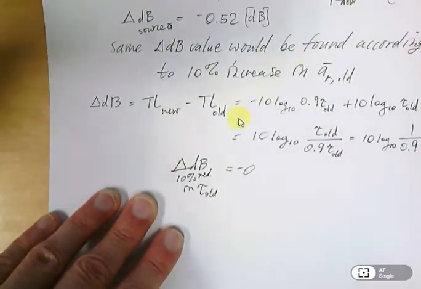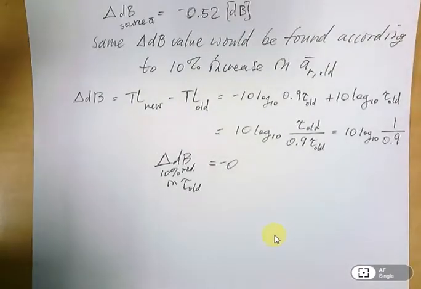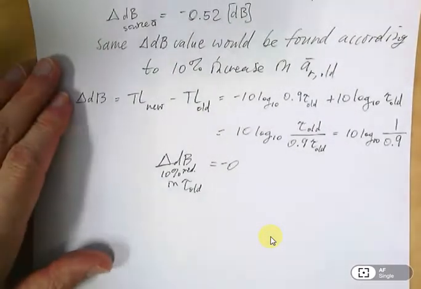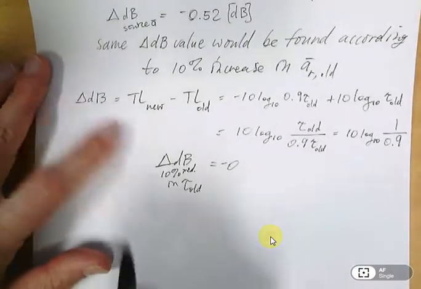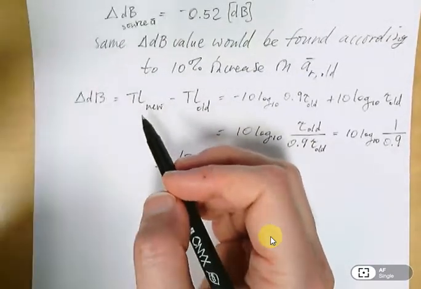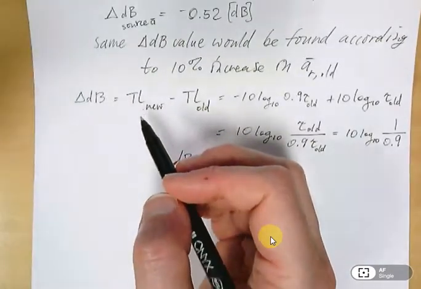Actually, let me make a correction here. I realize I've written this incorrectly. The TL shows up in our equation of SPL2 already with a negative sign.